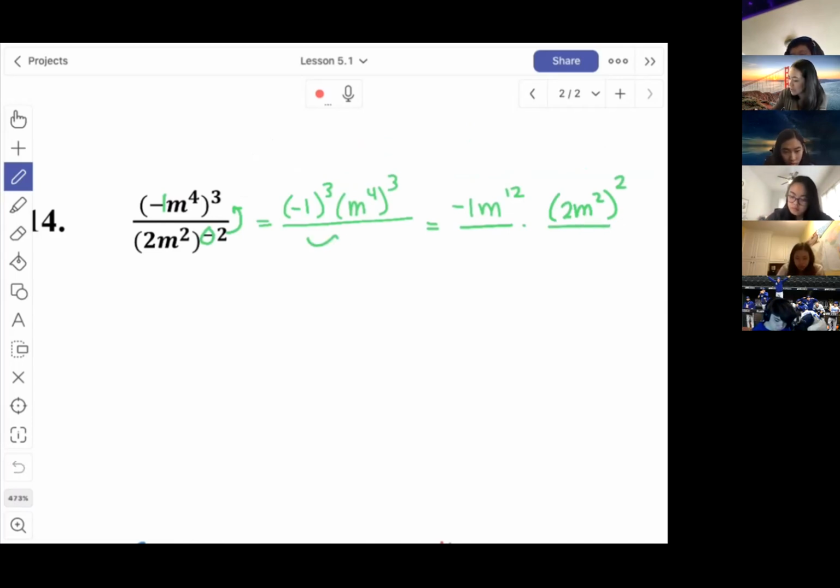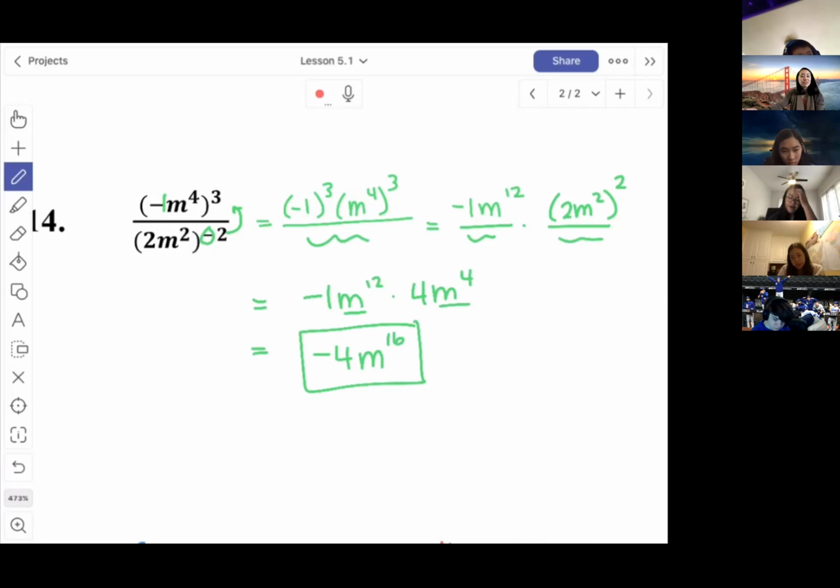So I actually don't even need a denominator anymore, technically. That negative, I can bring that whole thing up. So this will be 4m to the 4th. And -1 times 4 gets me -4. And then m to the 12th times m to the 4th gets me m to the 16th. And that is my final answer. So just kind of handling that negative to start with.